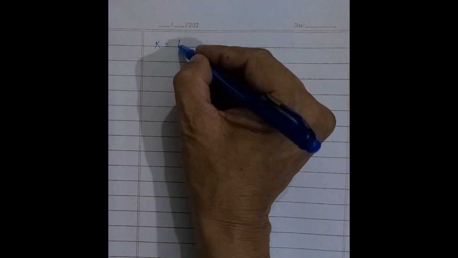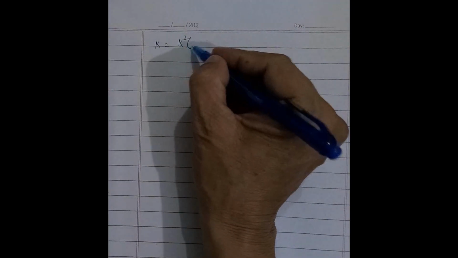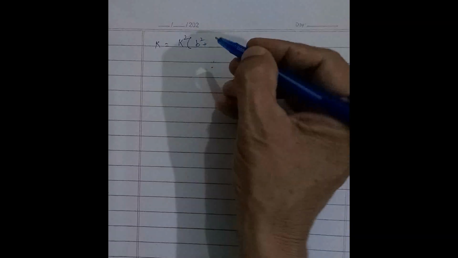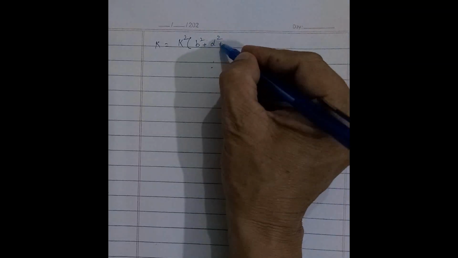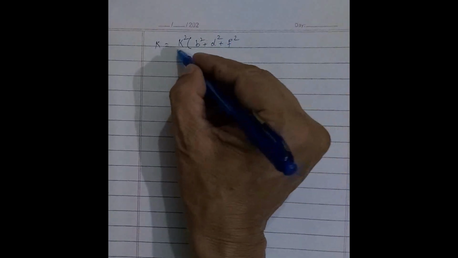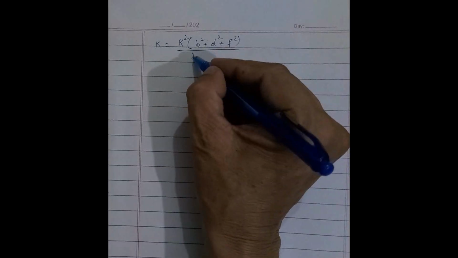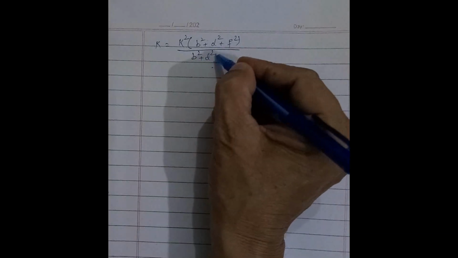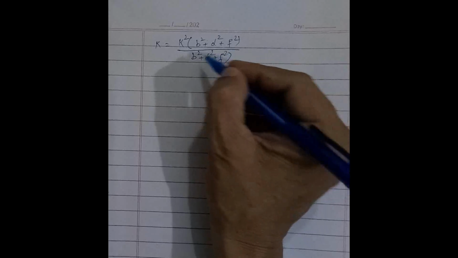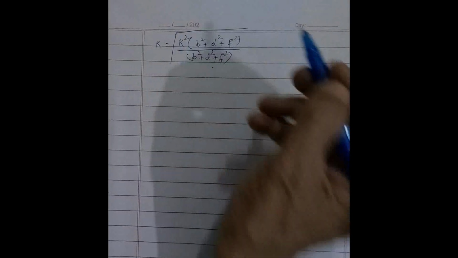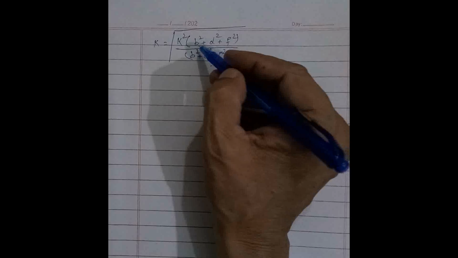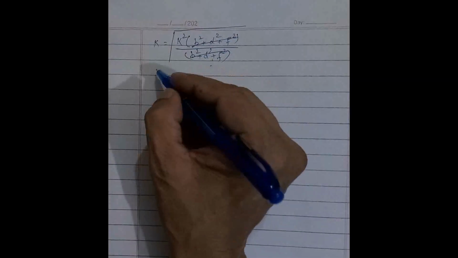That is k squared times (b squared plus d squared plus f squared) over (b squared plus d squared plus f squared), square root. These values cancel with each other.